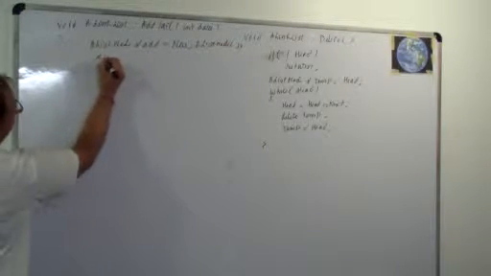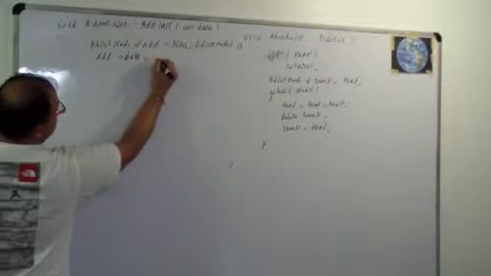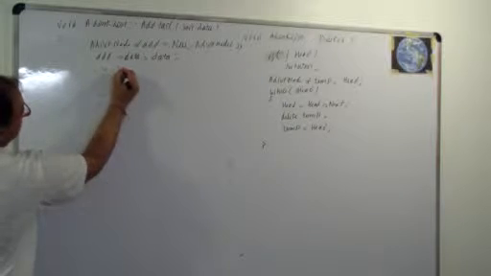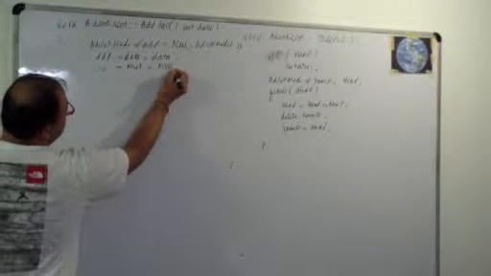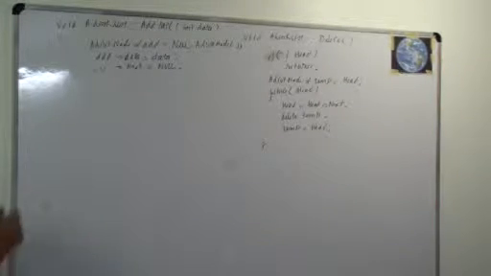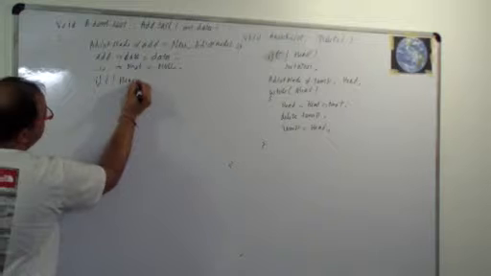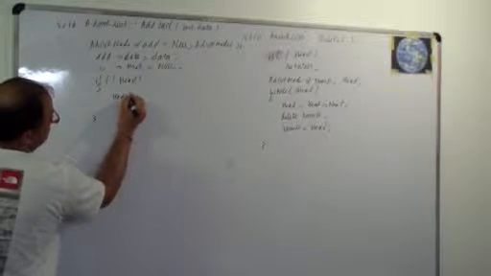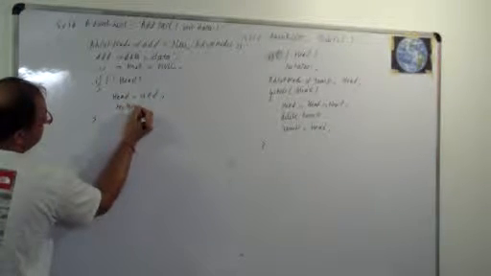Add arrow data is equal to data. Add arrow next is equal to null. We will check if not head. Head does not exist, head is equal to add and return.